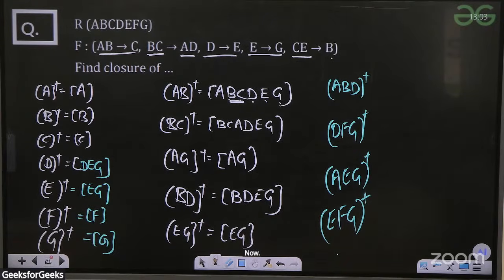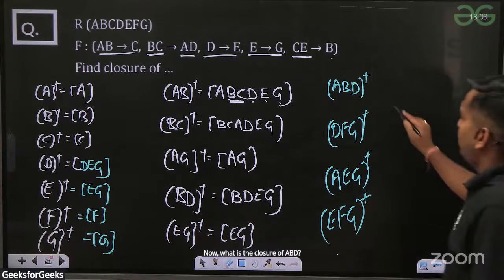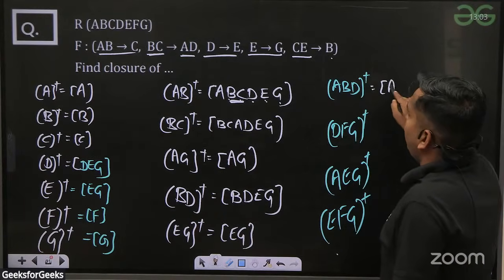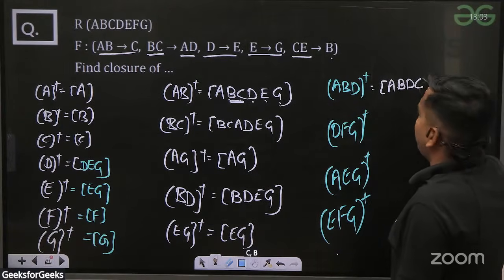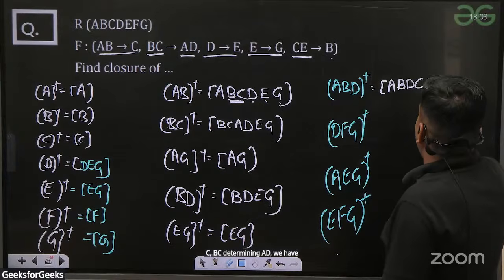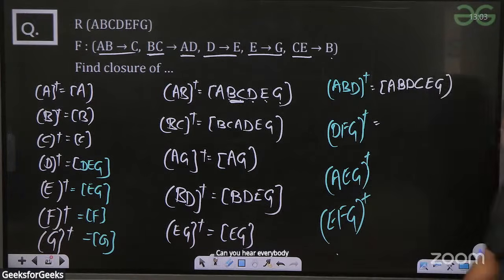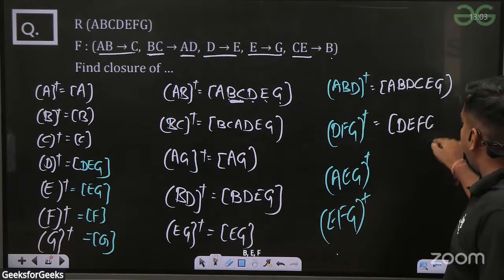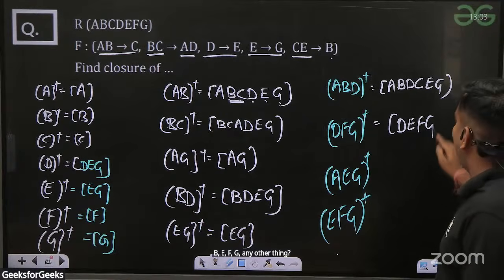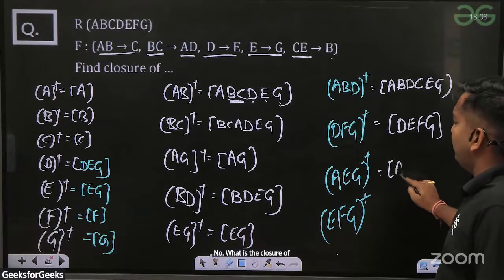Now, what is the closure of ABD? ABD, C, BC determining AD, we have D to E, E to G. A, B, C, D, E, G. Everyone clear? Now, what is the closure of DFG? D, E, F, G. Any other thing? No. What is the closure of AEG?